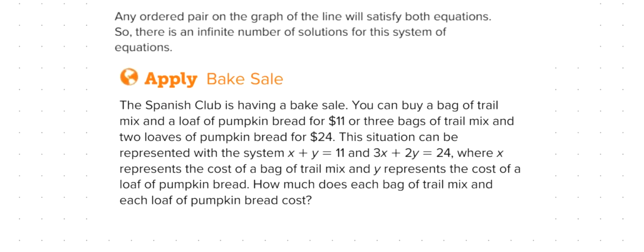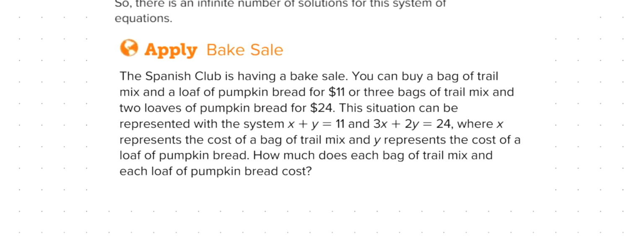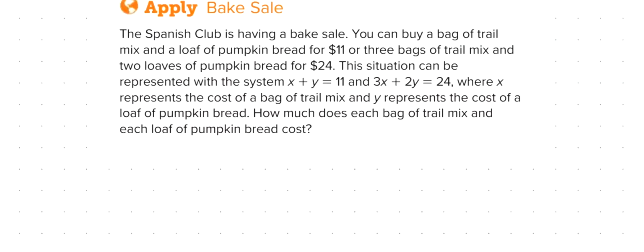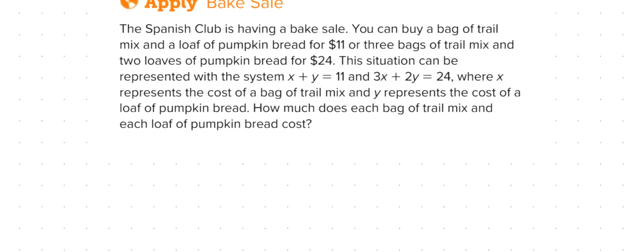Okay, to finish the lesson, we're going to do this application. It's on your page number 328. No, 27, I mean. And it says, apply, bake sale. The Spanish Club is having a bake sale. You can buy a bag of trail mix and a loaf of pumpkin bread for $11, or 3 bags of trail mix and 2 loaves of pumpkin bread for $24.